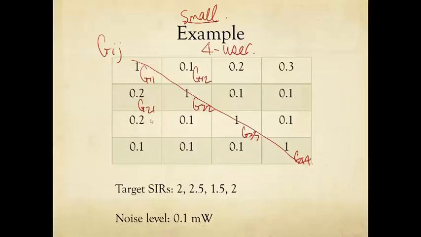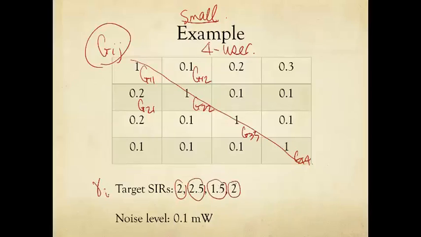These are the given parameters depicting the channel conditions for both the direct channels and the interference channels. Now, what about the target gammas? I'm going to say that gamma 1 is 2, gamma 2 is 2.5, gamma 3 is 1.5, and gamma 4 is 2.